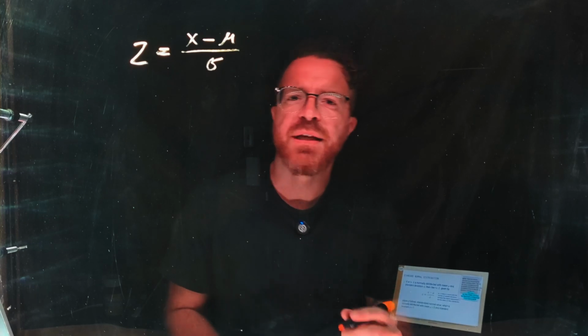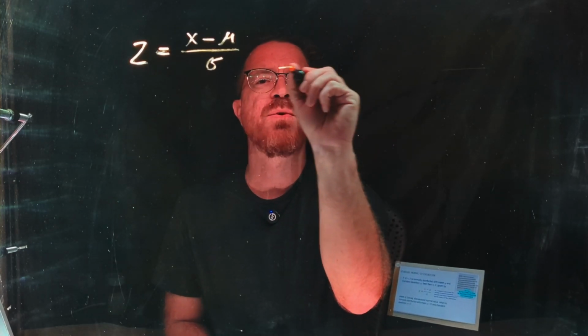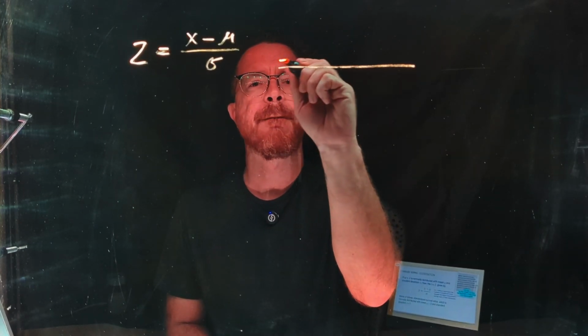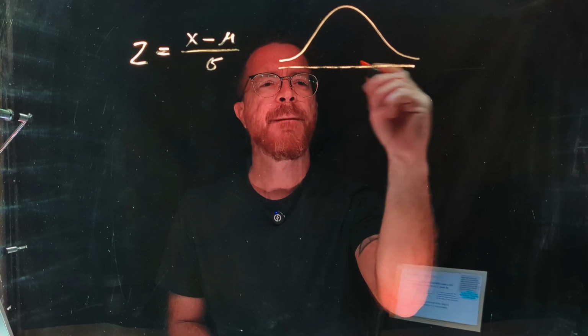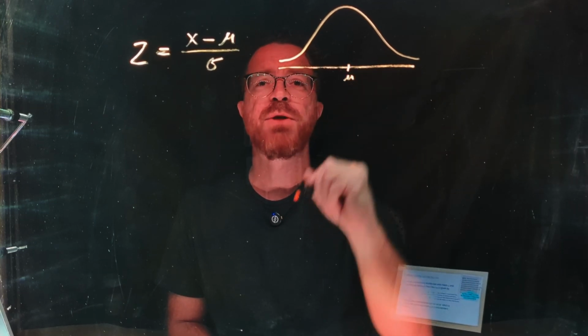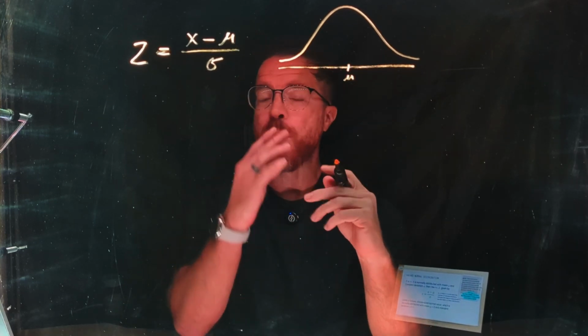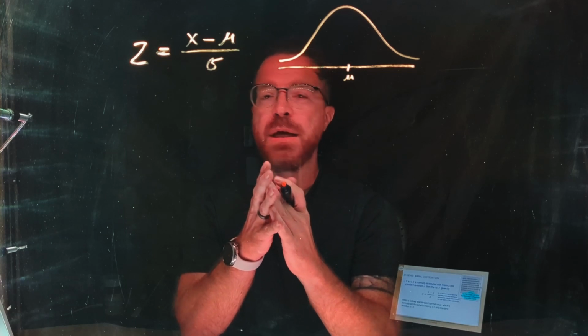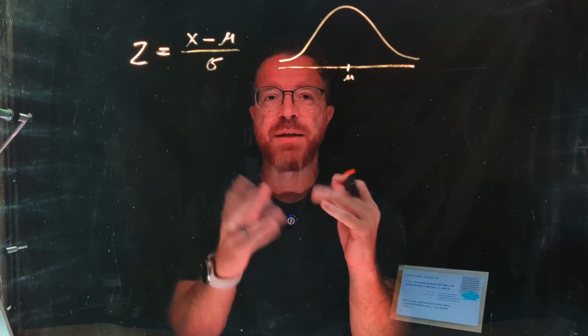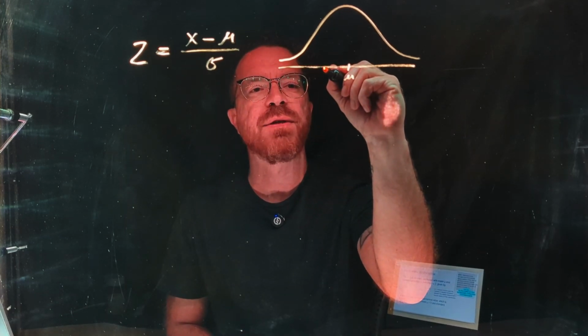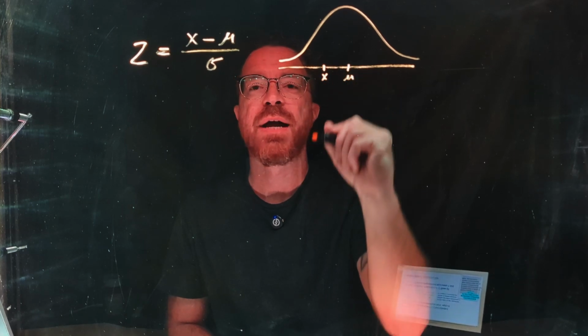And what it's telling us is that we have some normal distribution which is centered on mu. And we have some data point that we want to know what is the probability to the left, to the right, or between two values. So let's say that we have some value that's right here. This is our x.